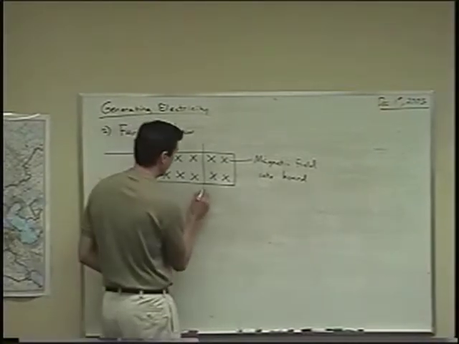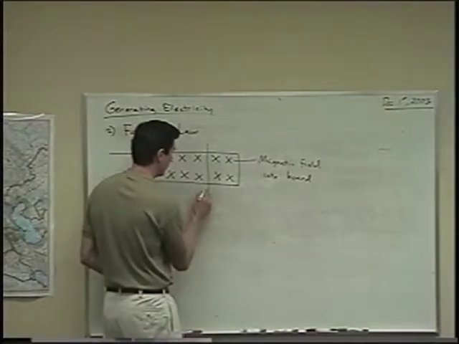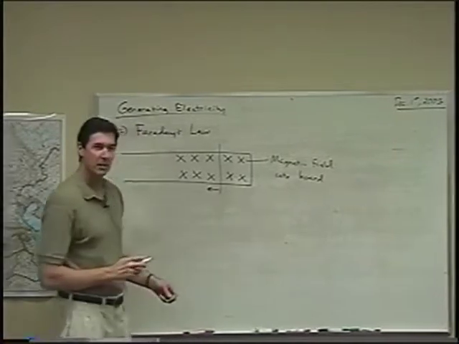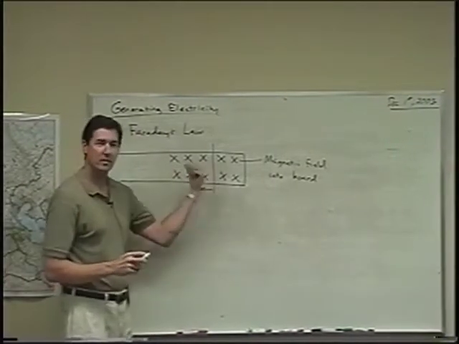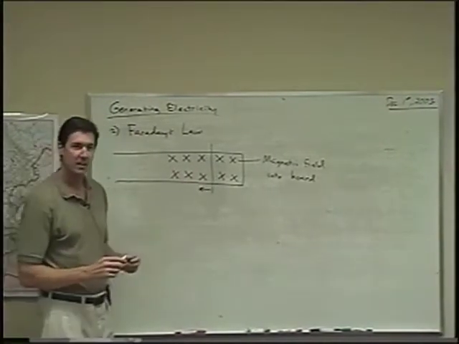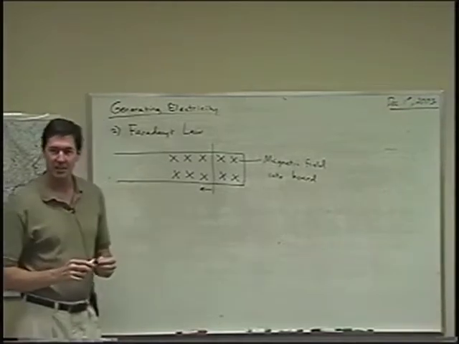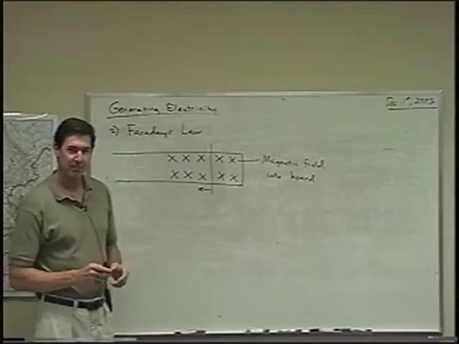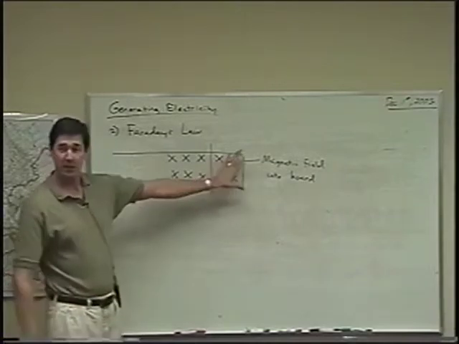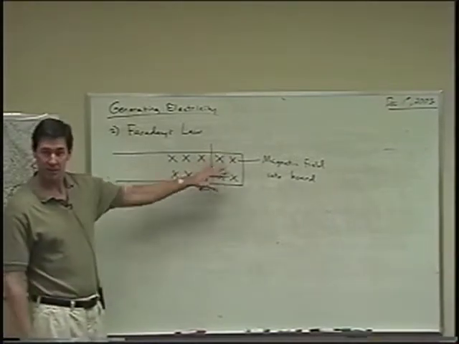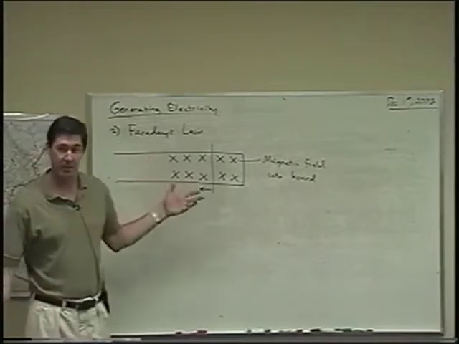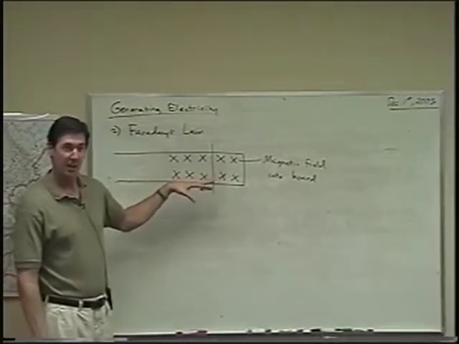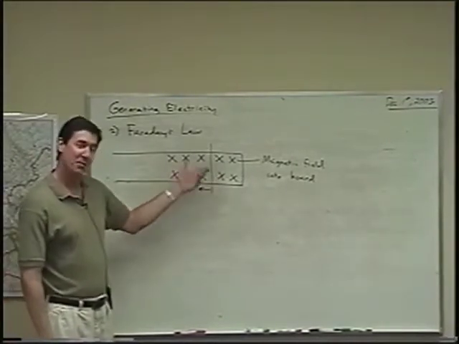What will happen if I start moving it, sliding it in that direction? Ben, any idea? Then the current will change. Not right now. Right now, there's no current at all in these wires. I haven't hooked up a battery. I haven't done anything. Yeah, you do get a current.